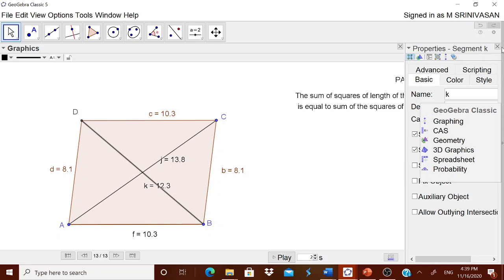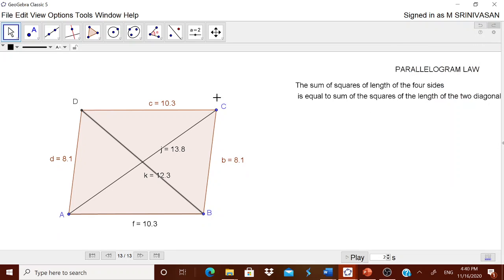Now what you want to prove over here, let us write it in a text box.